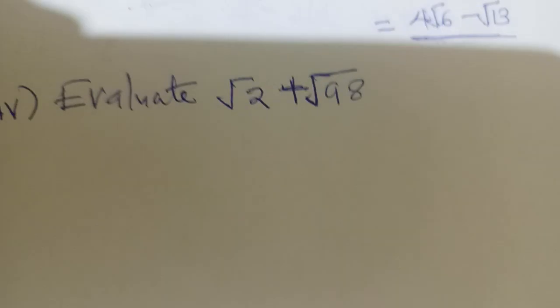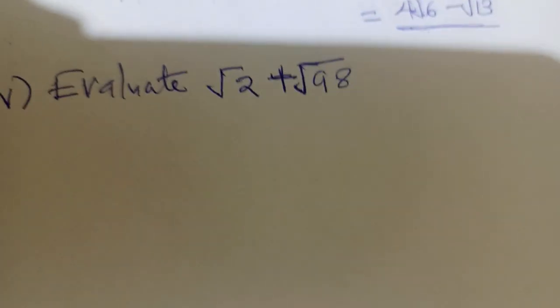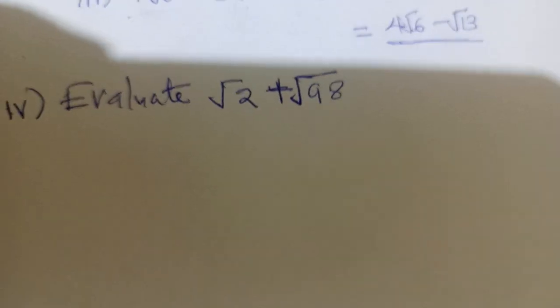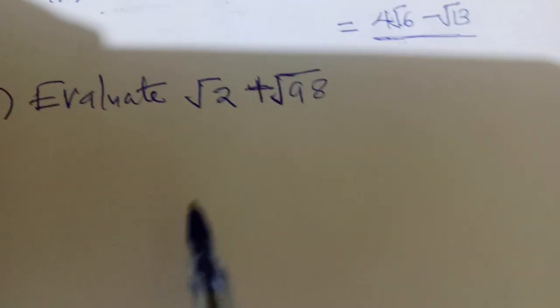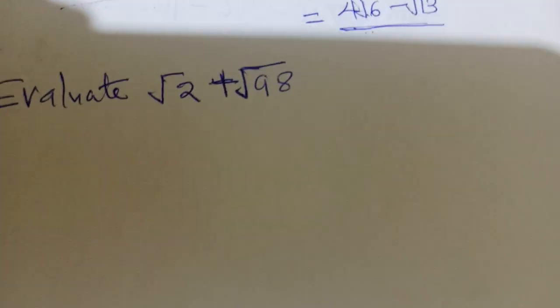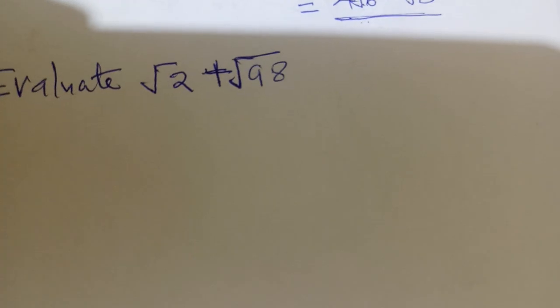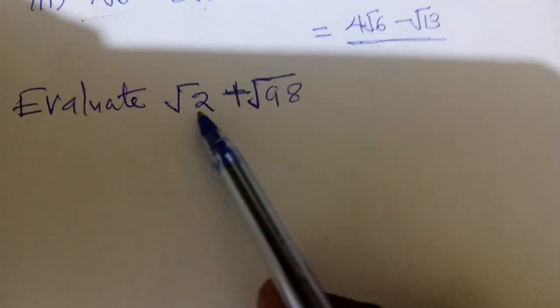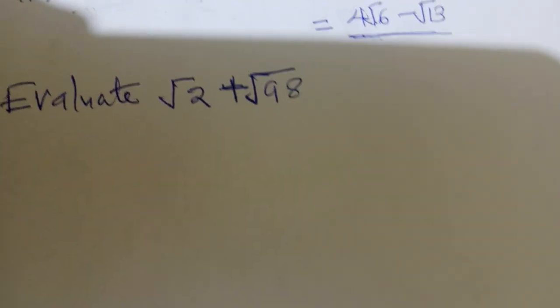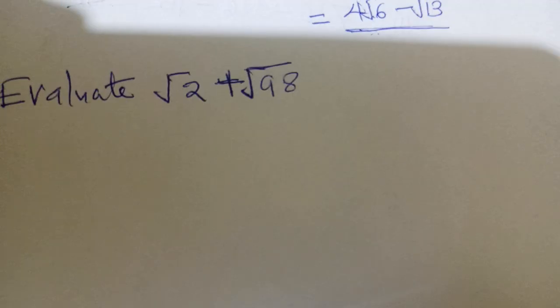Let's consider plus. Then you're asked to evaluate this. From the face of it, you can see this can't be solved as it is, because even though they are of the same order, we have different numbers under the root.